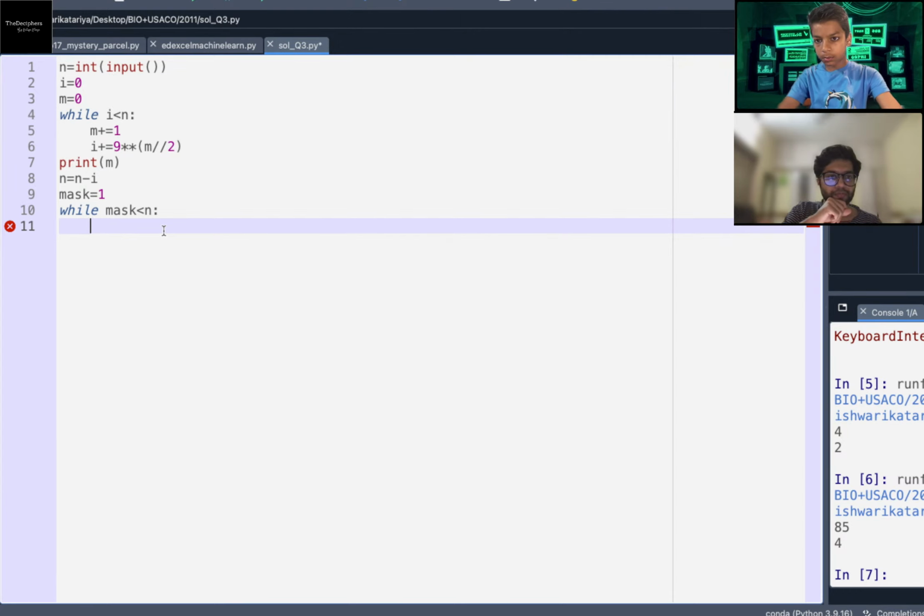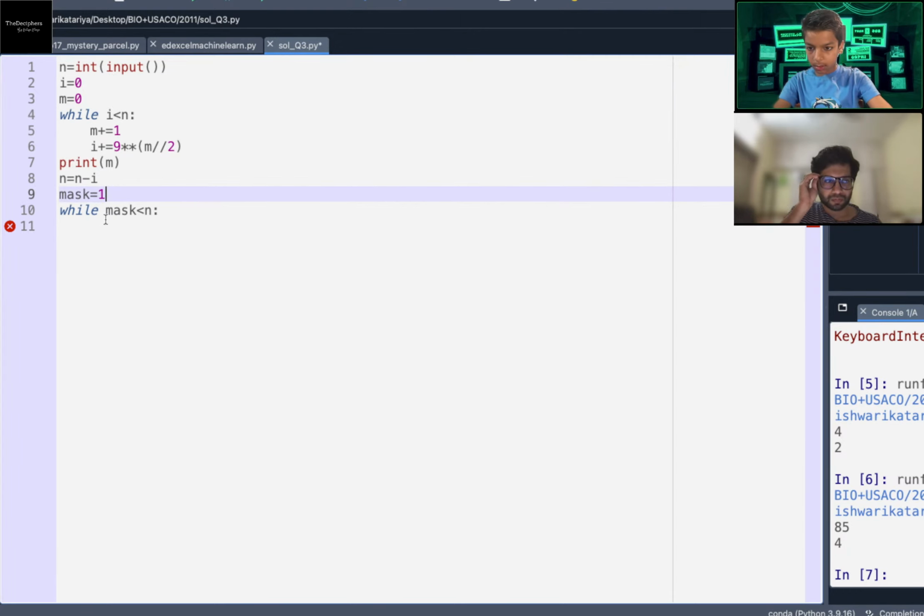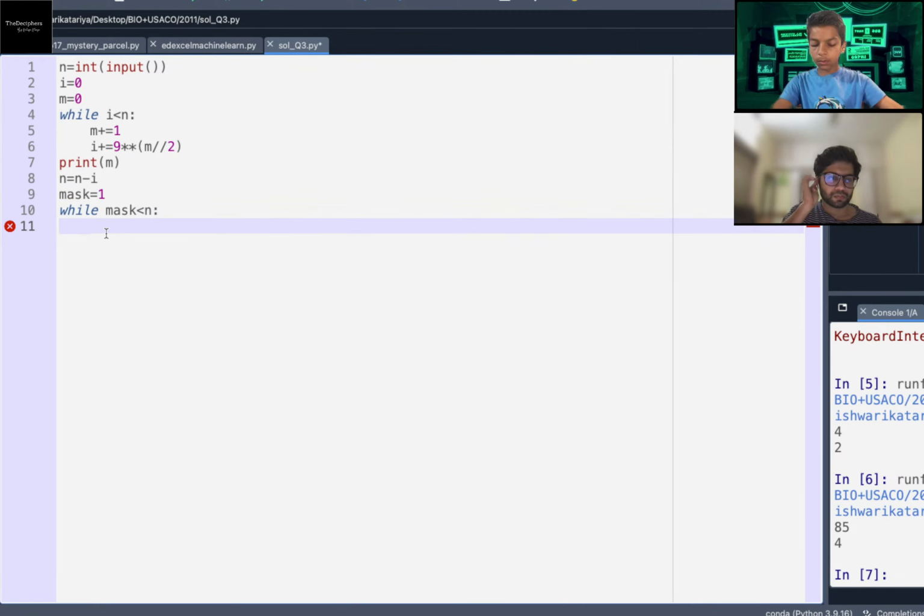What is mask here? It's the thing we have to do.